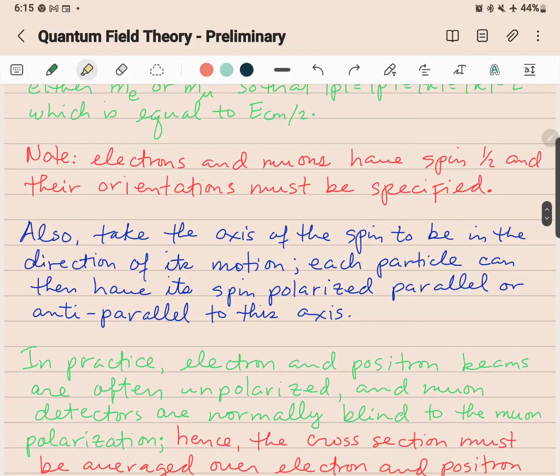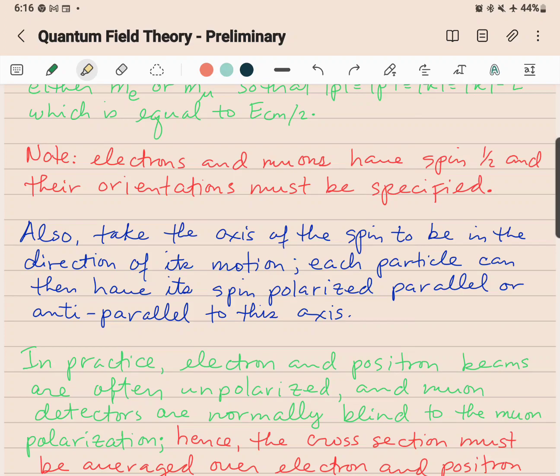The electrons and muons have spin 1/2, and their orientations have to be specified when you completely solve that particular interaction. Also, we take the axis of the spin to be in the direction of its motion, so each particle can have its spin polarized parallel or anti-parallel to this axis.